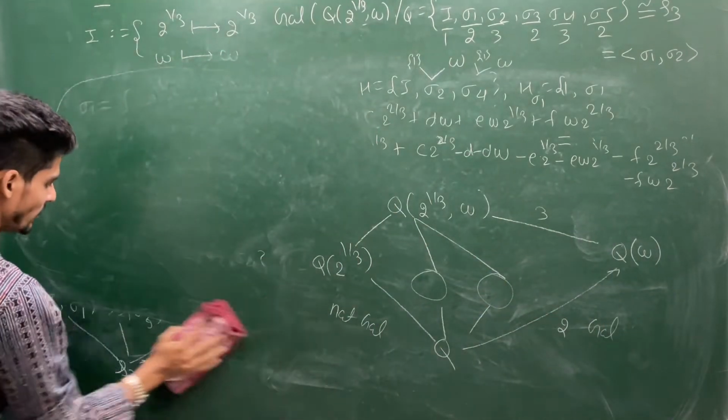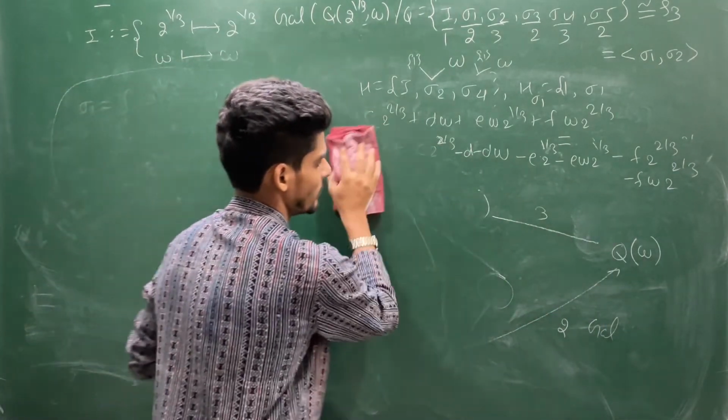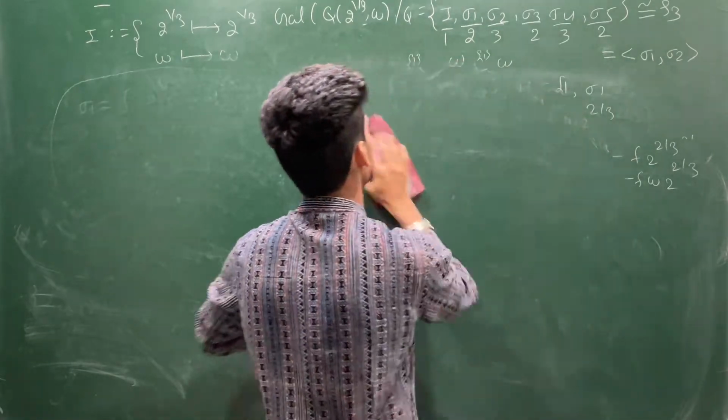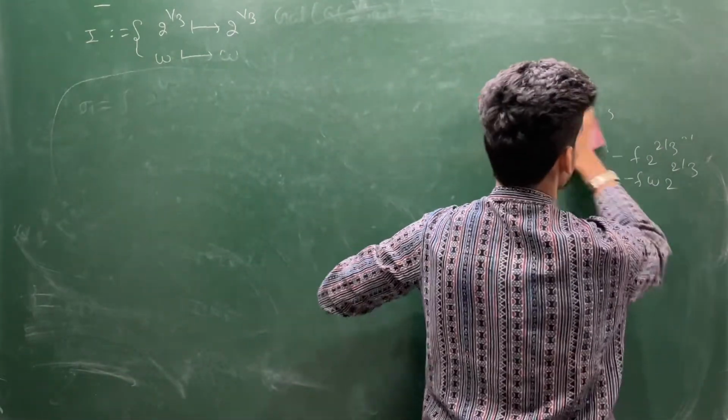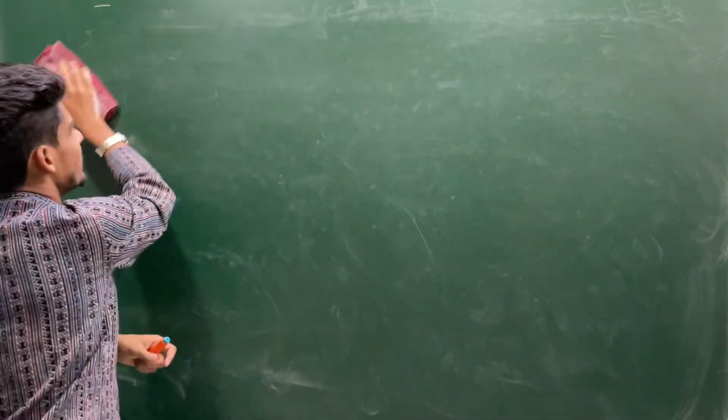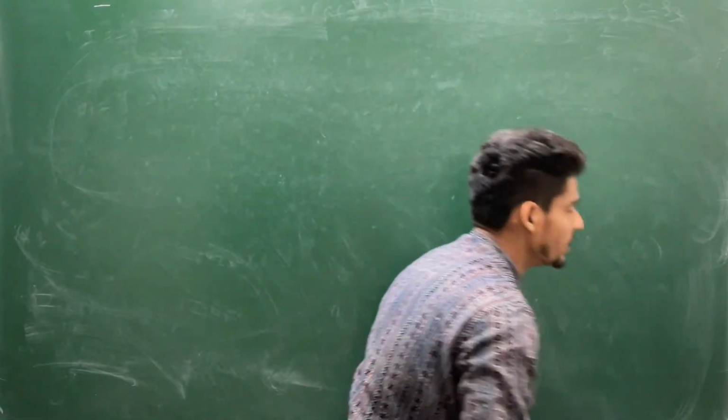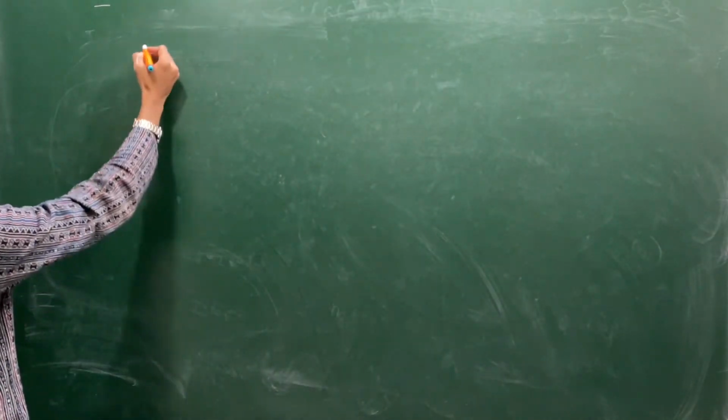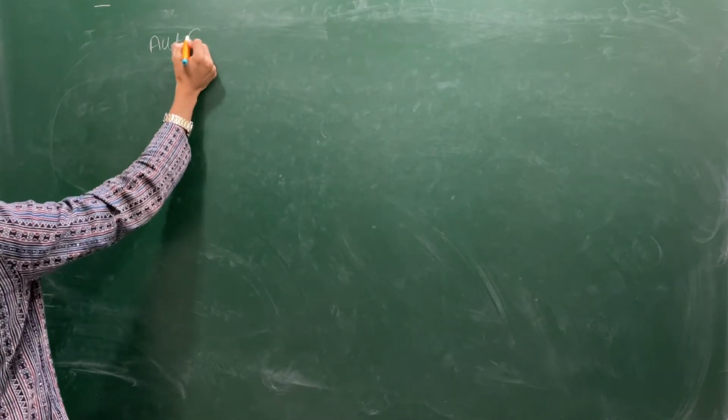I was thinking I would do some more things, but I do not have enough time. Let me give you one homework, and we will be discussing it in the next lecture. That is again a very beautiful example. What can you say about this?